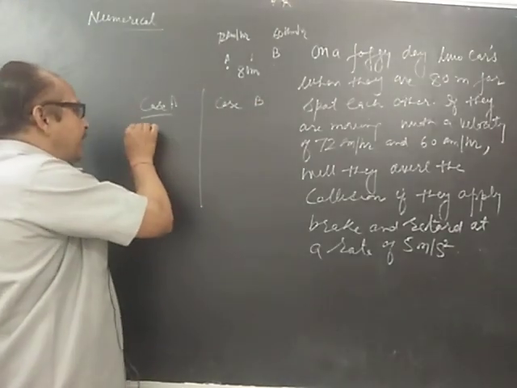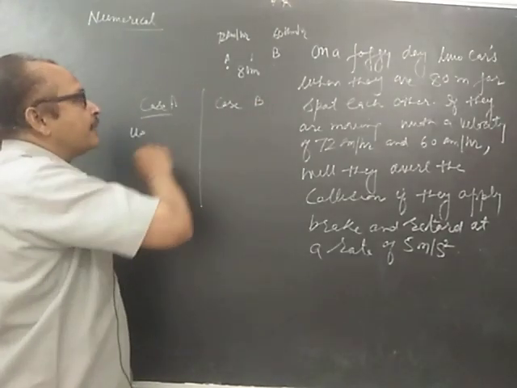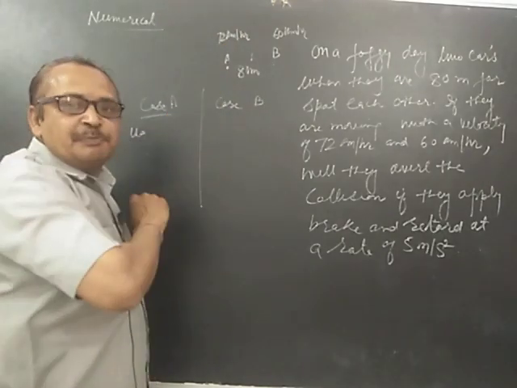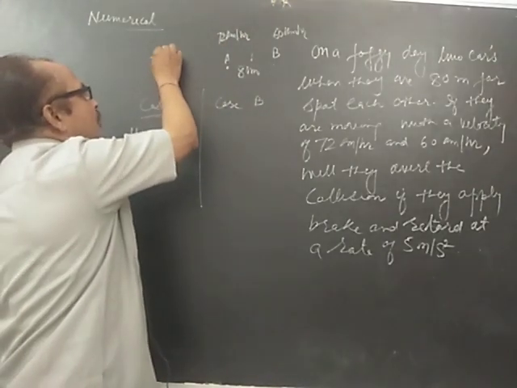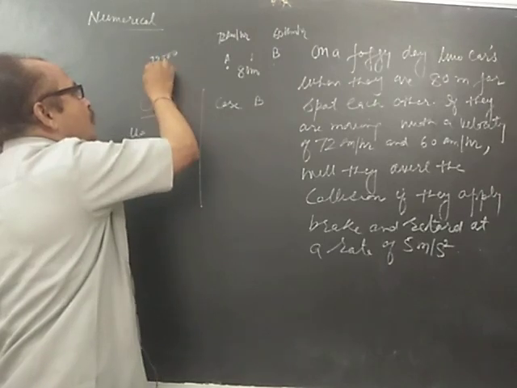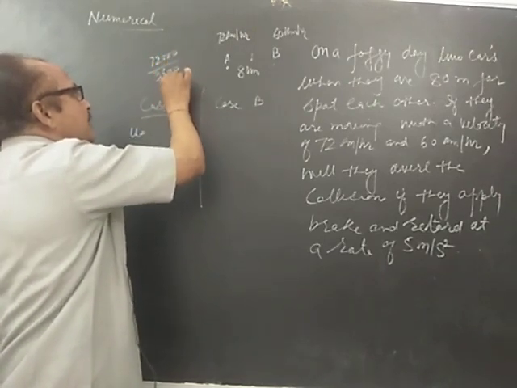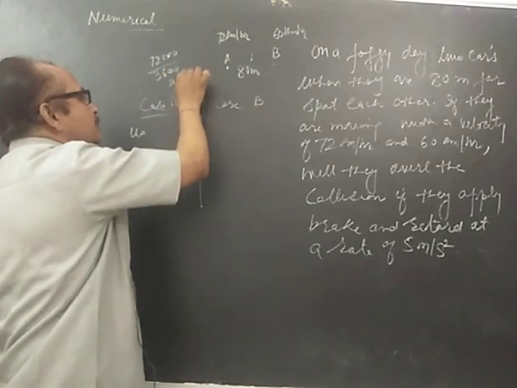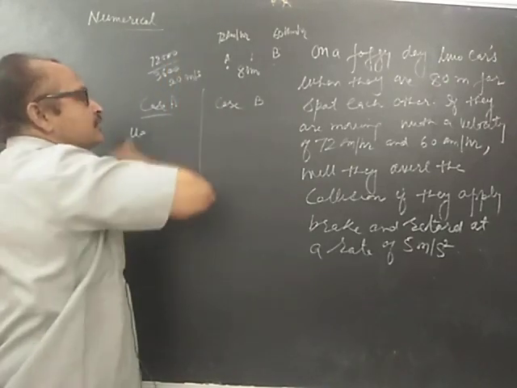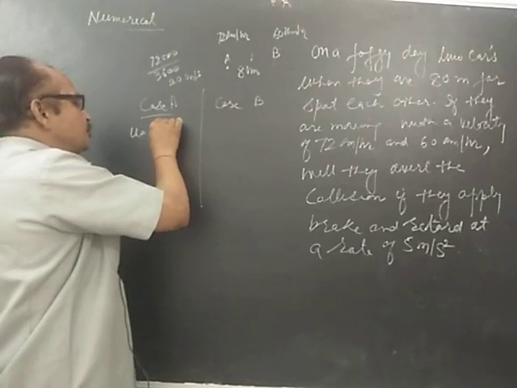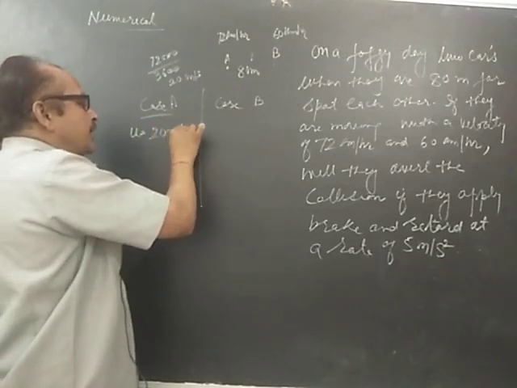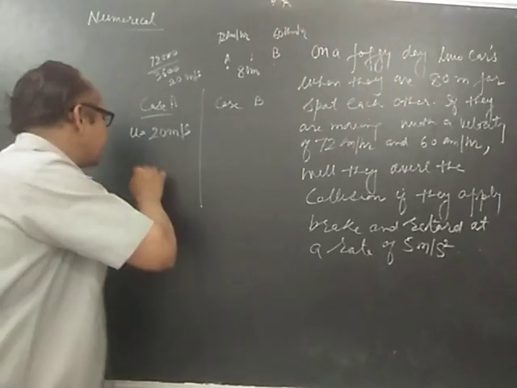Now for A, what is U, my dear? 72 kilometers per hour. Change it into meters per second. You know how to do it. 72 kilometers per hour is 20 meters per second. So U is equal to 20 meters per second.